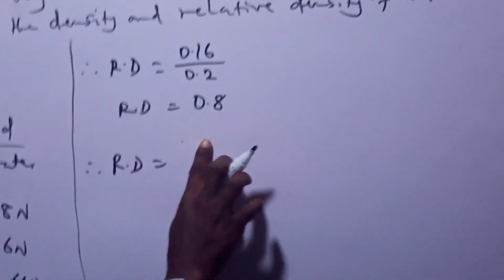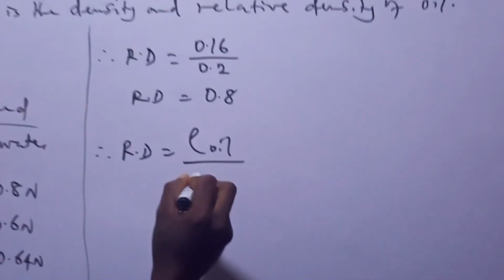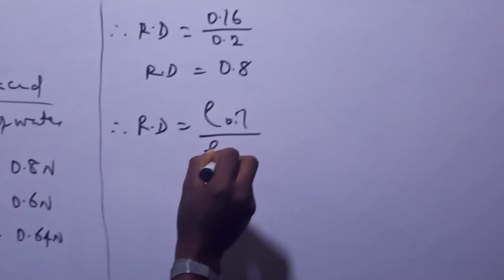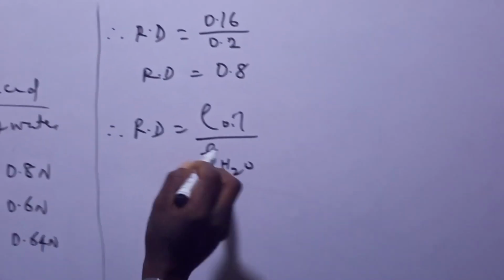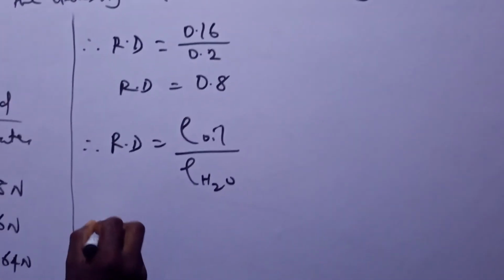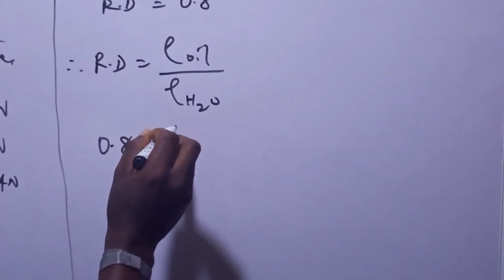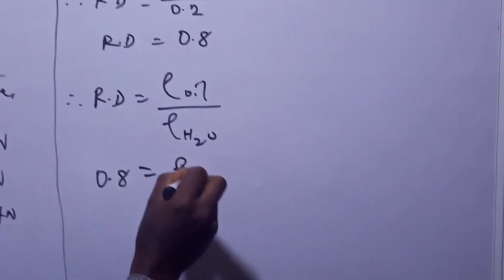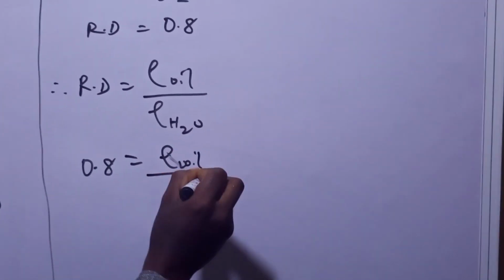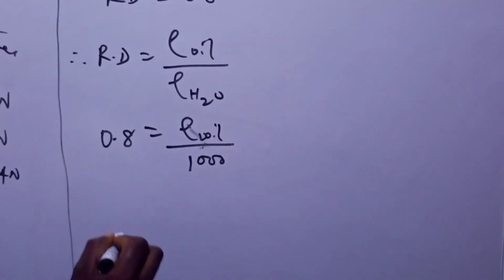Now, relative density is density of oil over density of water. The relative density is 0.8, and the density of water is 1000.